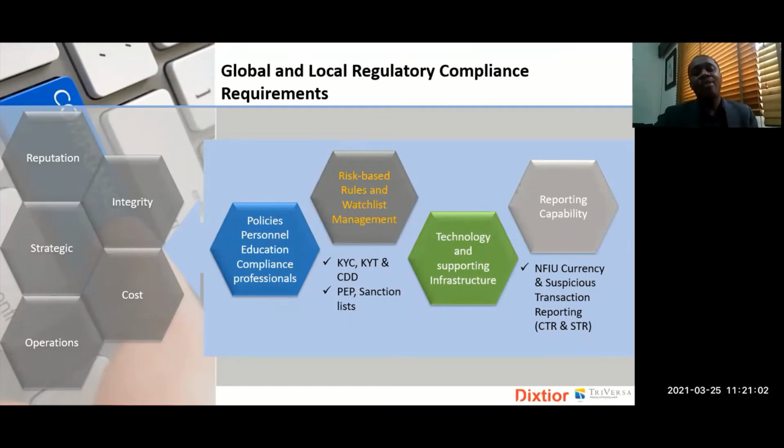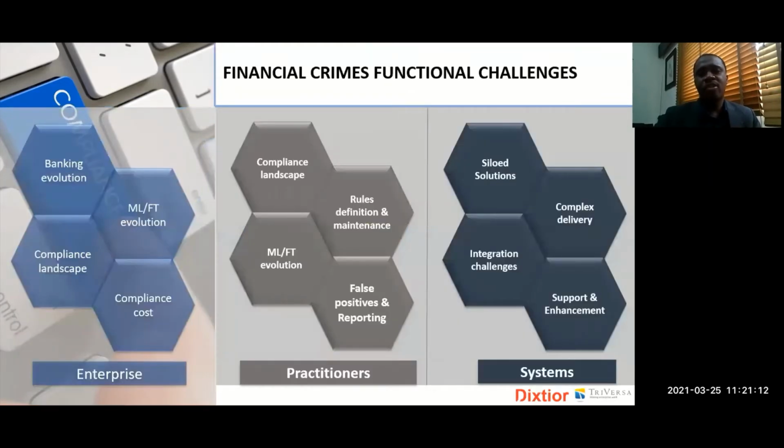All this while having in mind your major concerns around strategy, costs, your integrity as an organization, your reputation, and your operational processes.